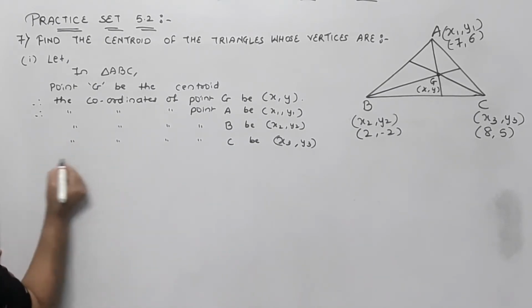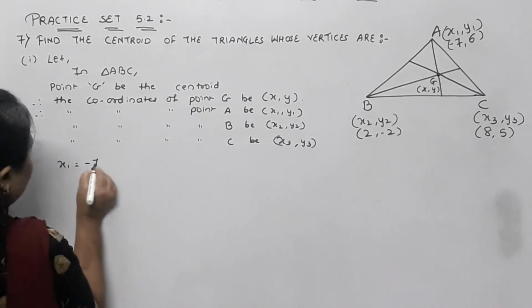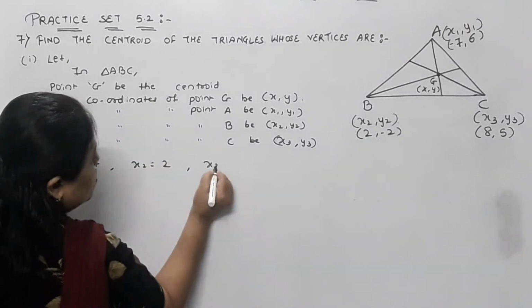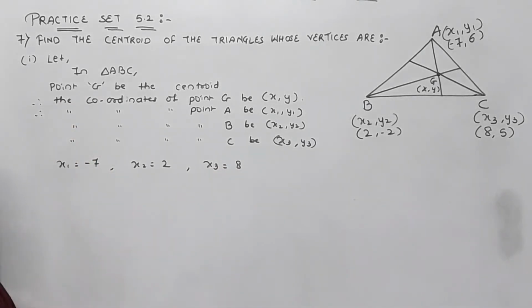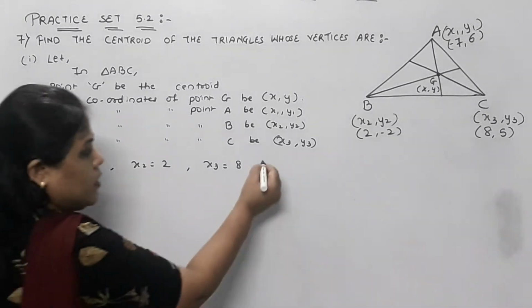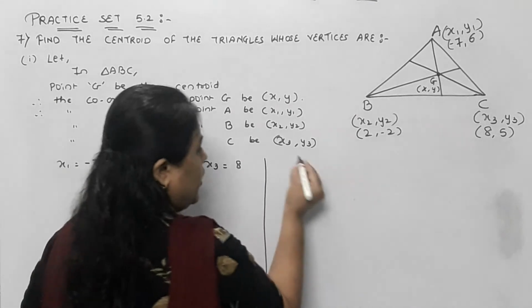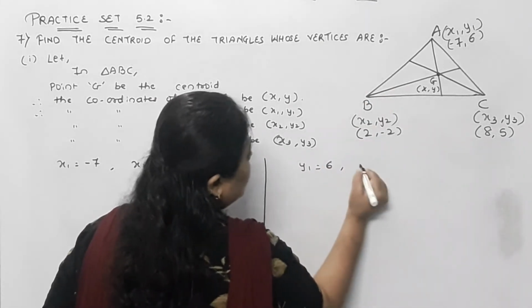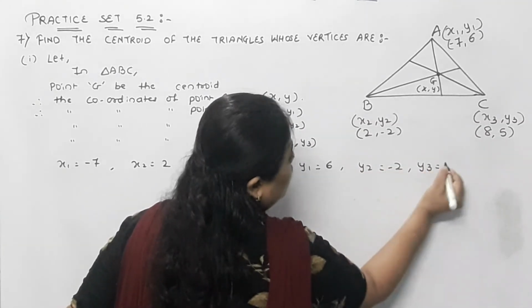Here I will write what is given to us. x1 is -7, x2 is 2, x3 is 8. Now you will see that I have written the value of x first, because here we will calculate the x coordinate of centroid. Then here I will write y1 equals to 6, y2 equals to -2 and y3 equals to 5.